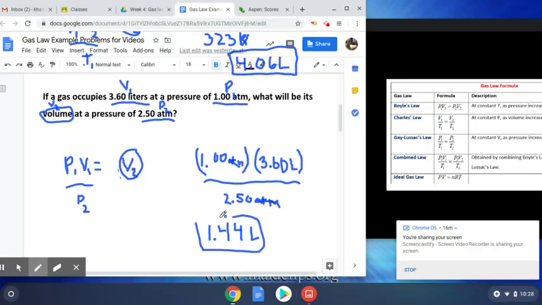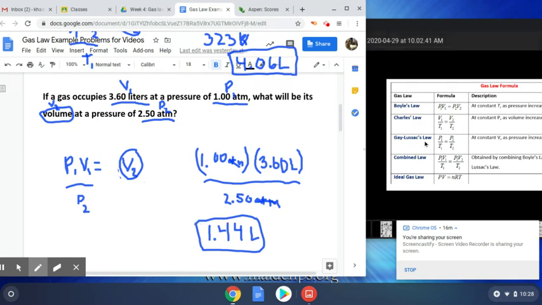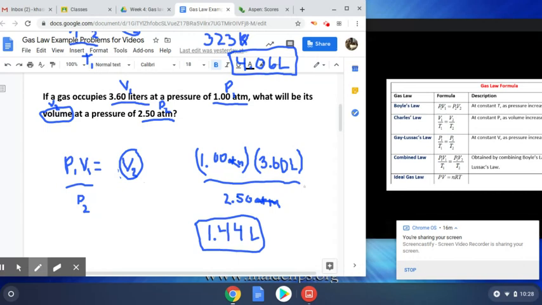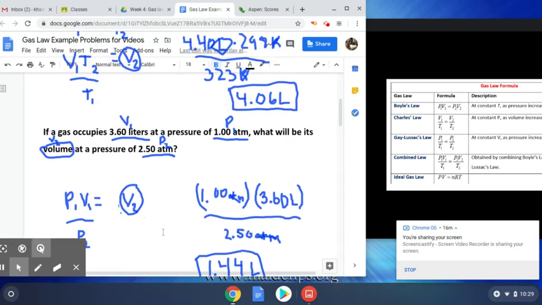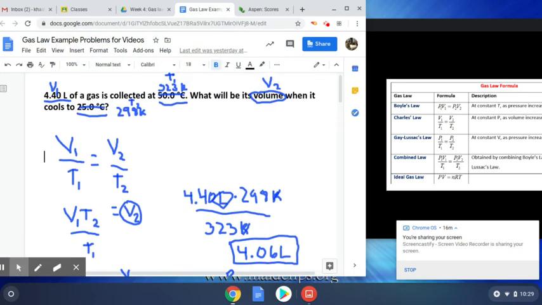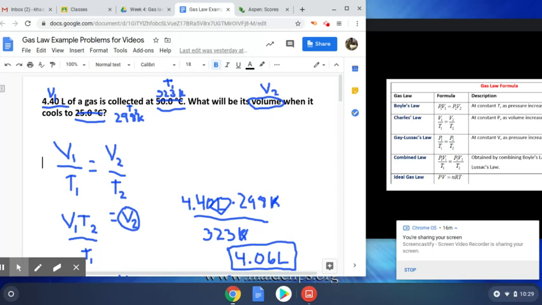Okay. What you also might want to do at the end of one of these problems, especially the ones for the first 3 laws, you can predict what was supposed to happen. Okay, so if we go back to this one, you guys know from the simulations that are in this week and from the stuff you learned last week that if you cool the temperature, what happens to the volume?